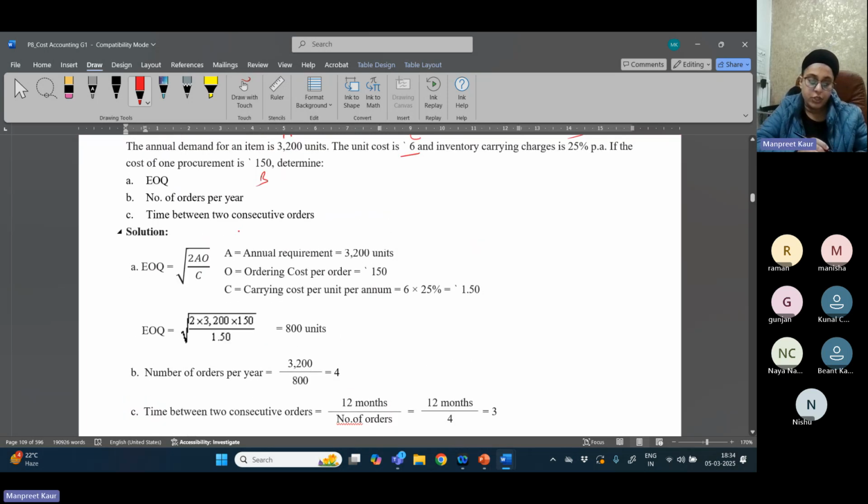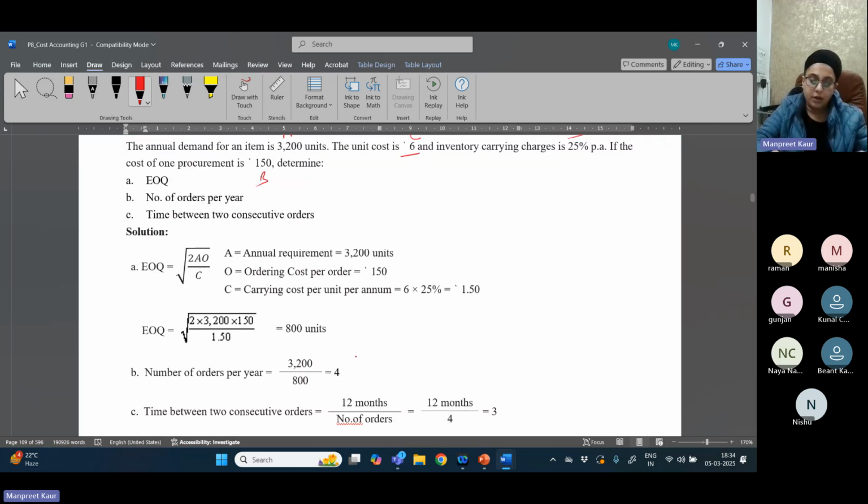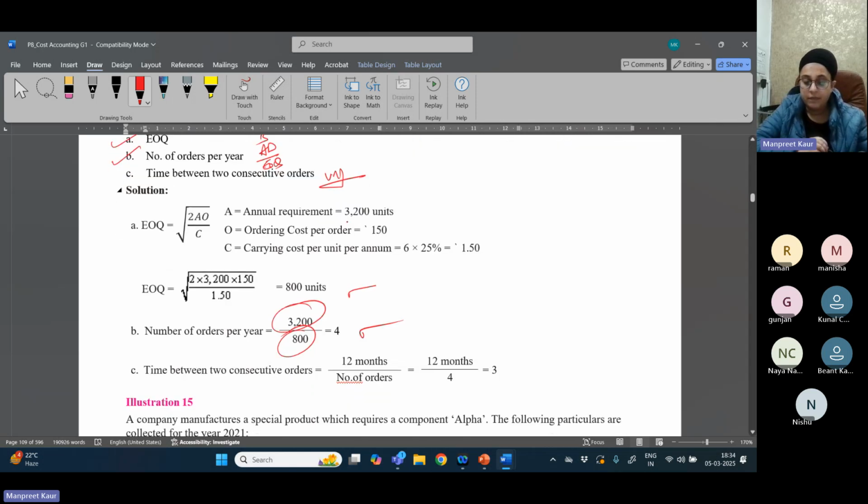EOQ is 2 into 3,200 into 150 divided by 6 into 25%. That is 800 units. We have to find out EOQ. Number of orders is annual demand divided by EOQ. Annual demand is 3,200 divided by EOQ 800, which is 4.